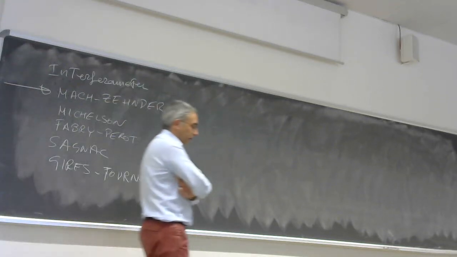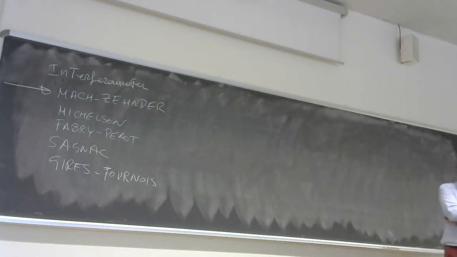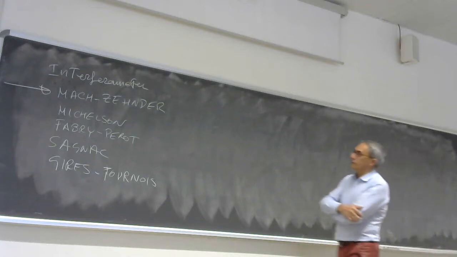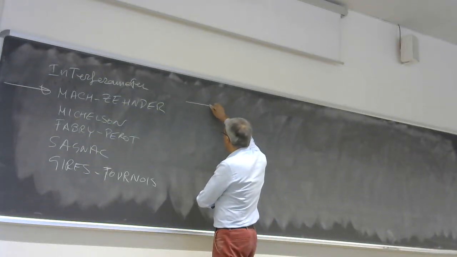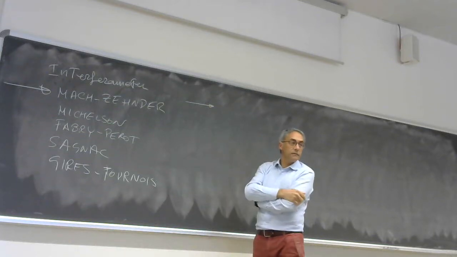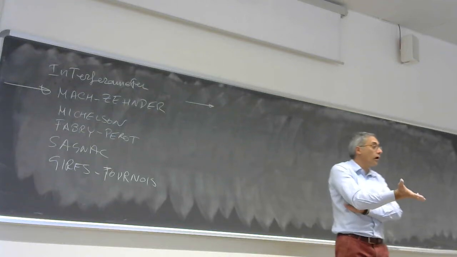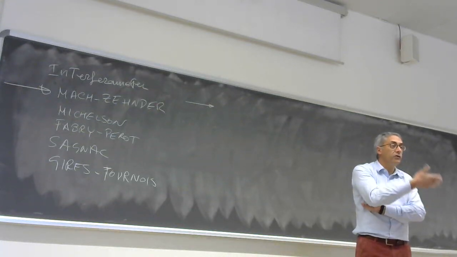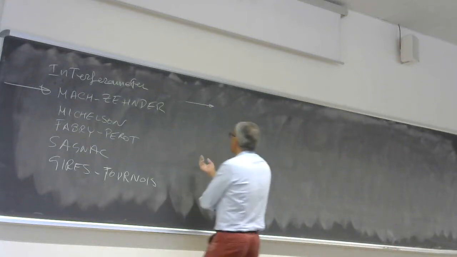So how is the Mach-Zehnder interferometer done? Usually you have the light that enters, you split it in two, and you know how to split, so you can use a directional coupler, a Y branch, or a beam splitter.